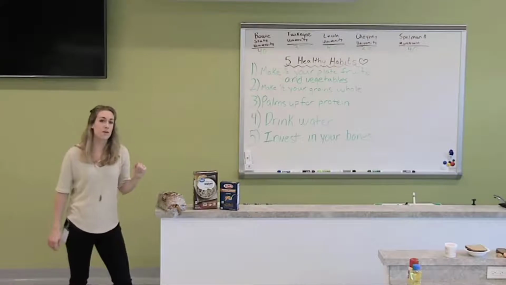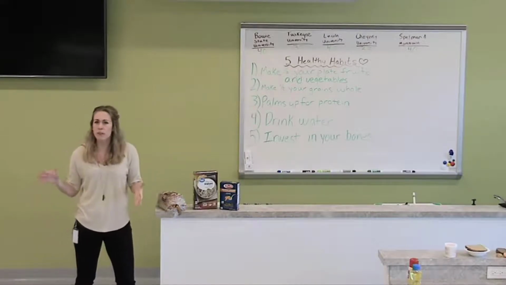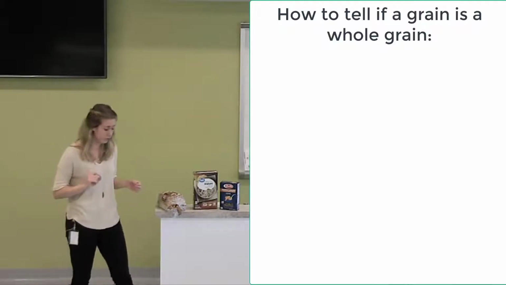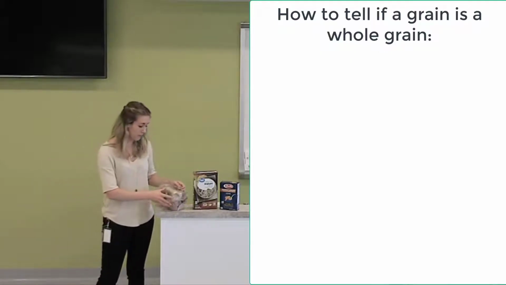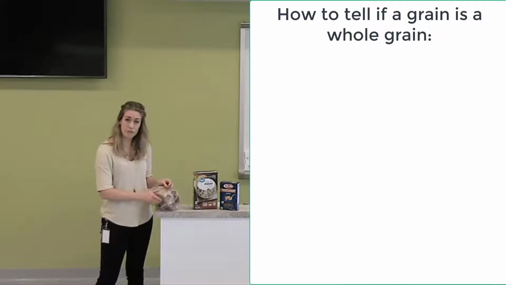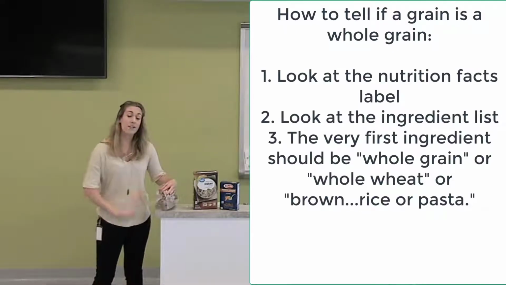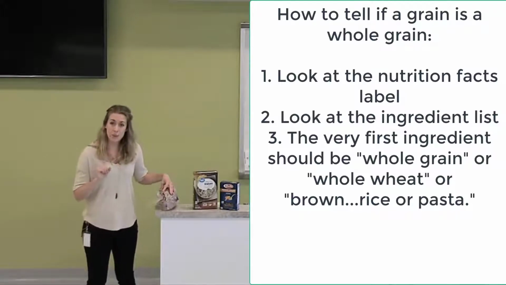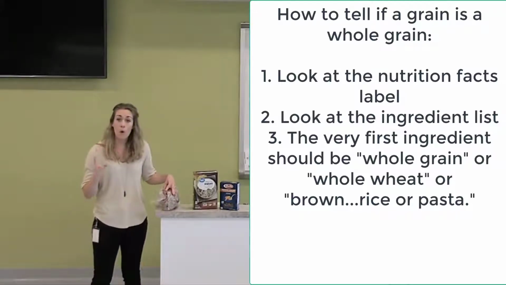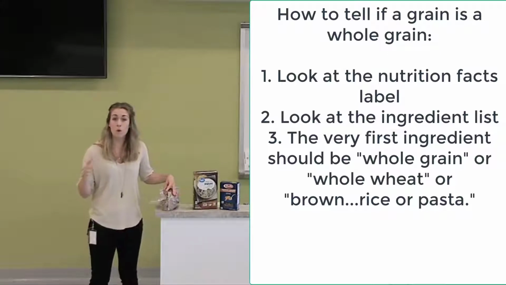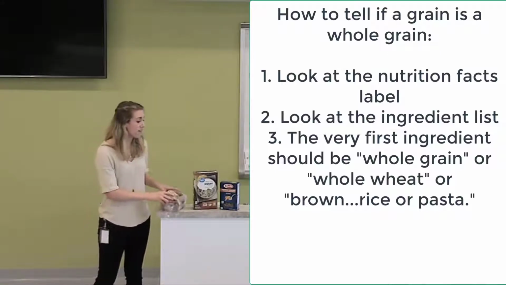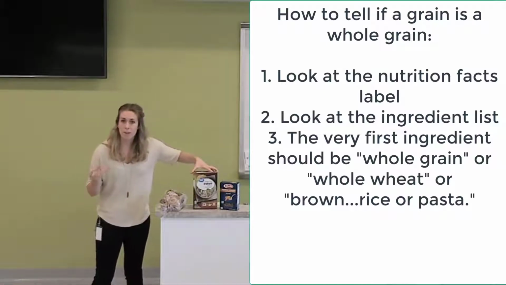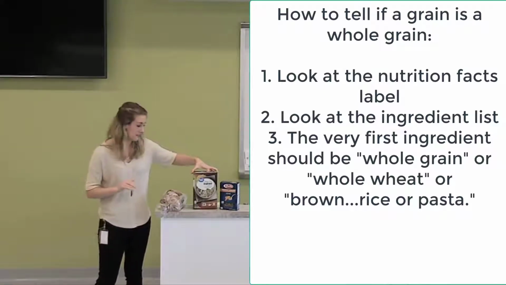So how do we know if our foods are whole grain, if we're really trying to get some of that extra fiber? This is literally what we have to do to find out if foods are whole grain. We have to look at the nutrition facts label on the food, and we have to look at the ingredient list. The very first ingredient of the ingredient list should say whole grain or whole wheat, or if it is rice or pasta, it may say brown rice or brown pasta.